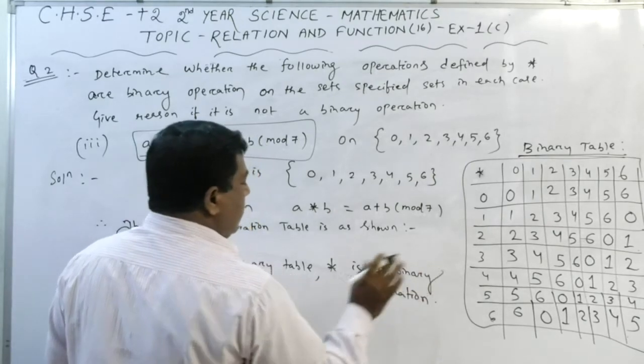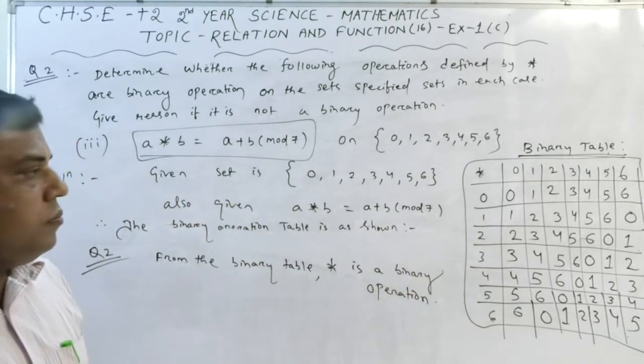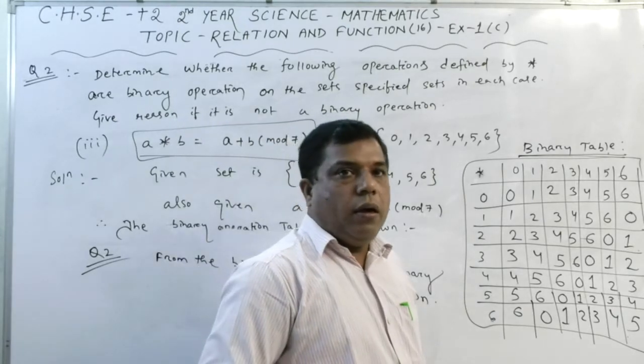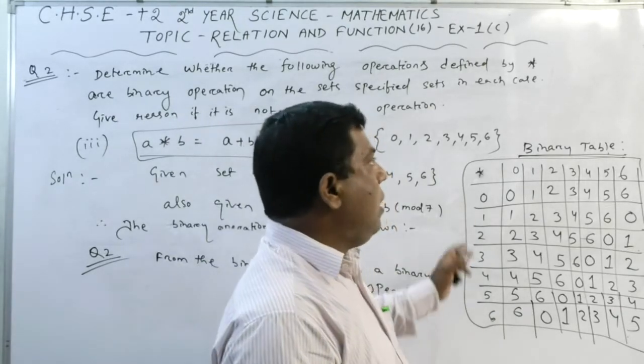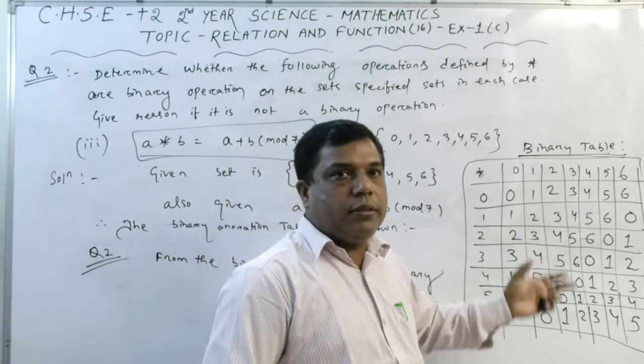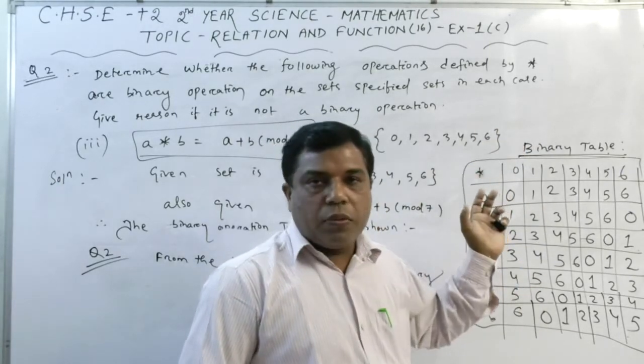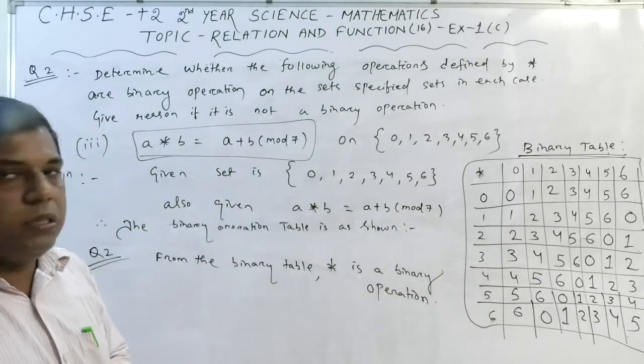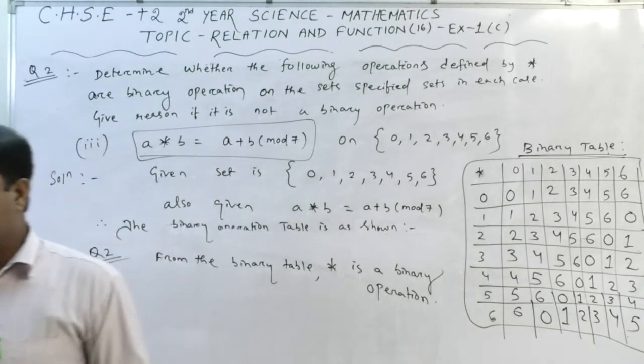Okay, that is clear. Now if it is a binary operation, we have to check some other things, as per question 3. So please check it and we will proceed for those questions.